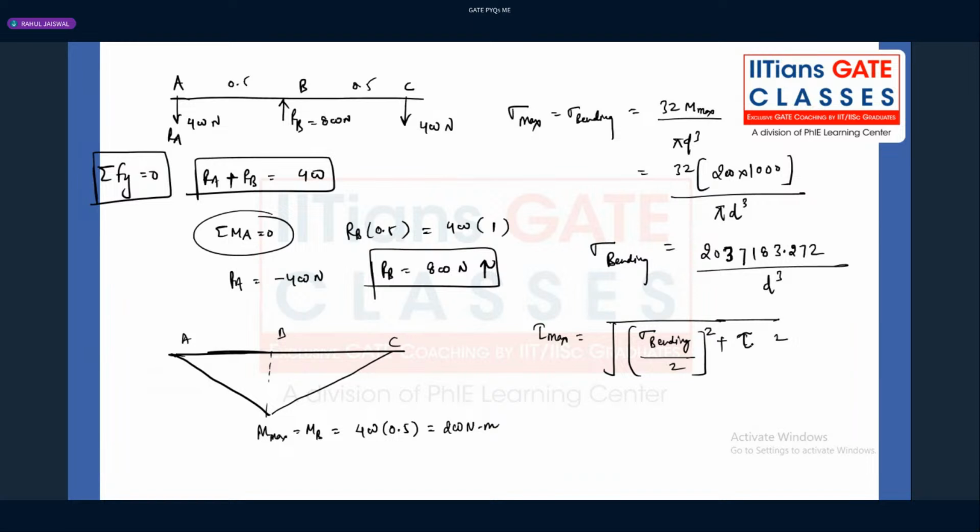So I'm just writing tau squared. This particular maximum value of this stress, what we need to do, we need to equate to tau yield. Now what we can just do, guys, we can just keep the values here, 2037183.